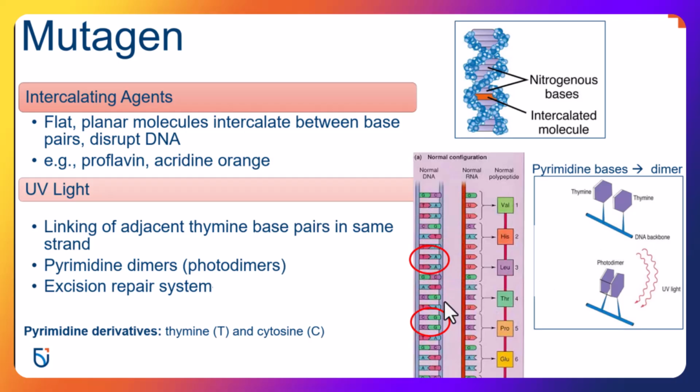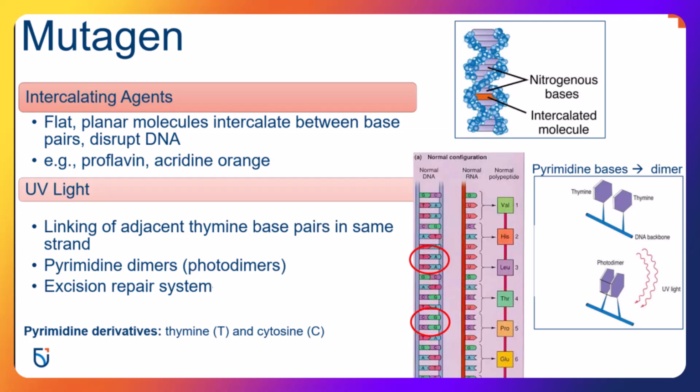So normally, let's look here, you have two thymines side by side, and they're normally attached to the adenine on the other side of the DNA, the other side of the ladder.